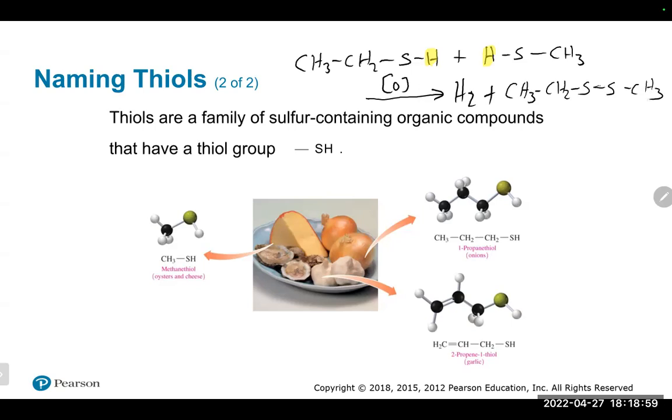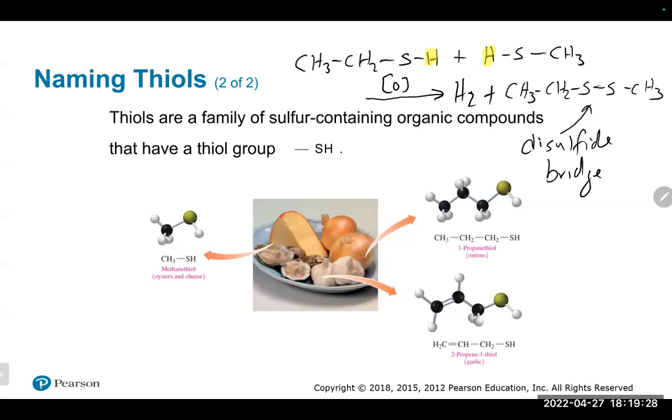So when 2 thiols come together in an oxidation reaction, we lose H2, 1 hydrogen from each side, and then you throw them together. Sulfur to sulfur is the important part of how they need to come together, because this makes what is sometimes referred to as a disulfide bond or bridge. And that is a bond that happens between 2 sulfurs, in a couple of amino acids.